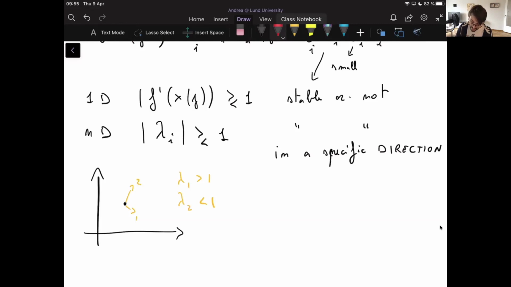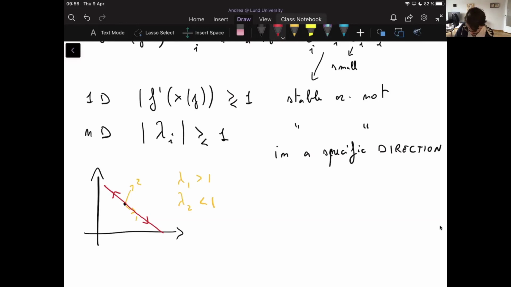So this diagram here will tell you the evolution of the system over the two directions. So if you take direction 1, for example, and lambda 1 is greater than 1, it means that over this direction, this will tend to be repelled.